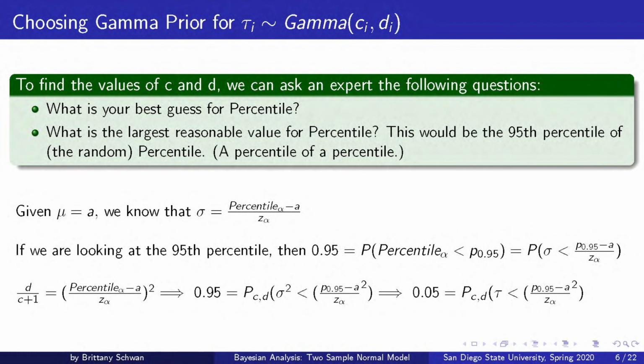Since mu equals A, we know that sigma equals the percentile minus A divided by the z-score at alpha. If we're looking for the 95th percentile, D over C plus 1 equals the percentile minus A over z alpha, squared. We then solve a system of 2x2 equations to obtain C and D.